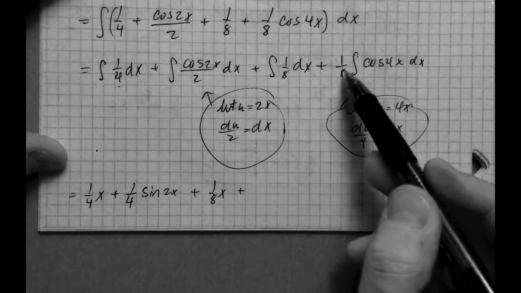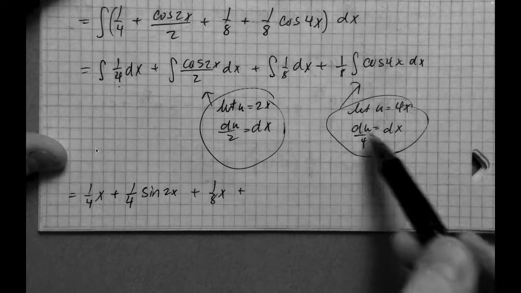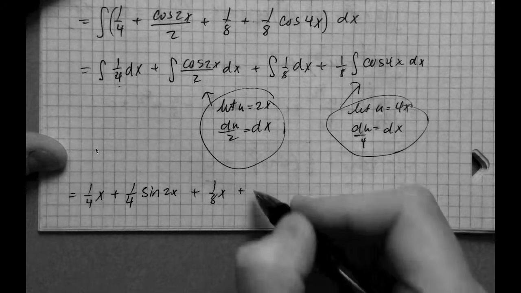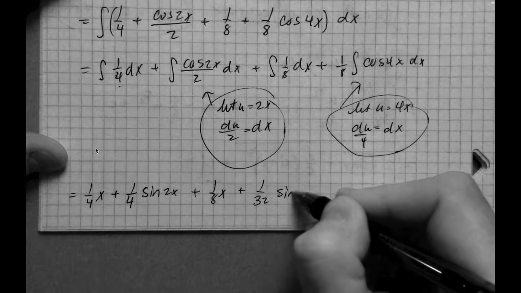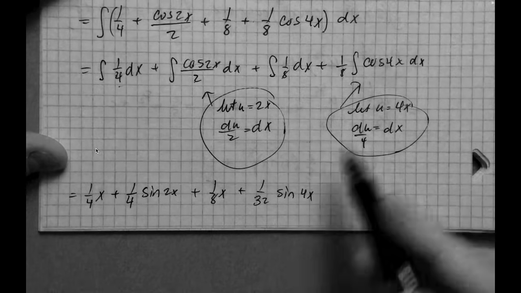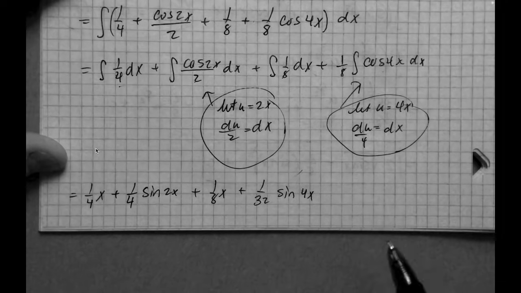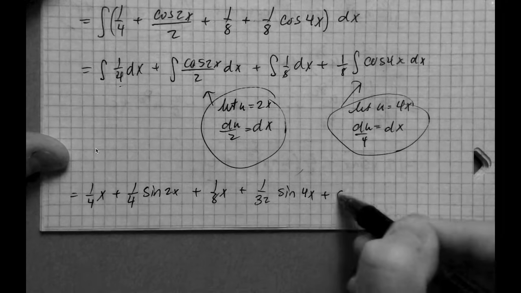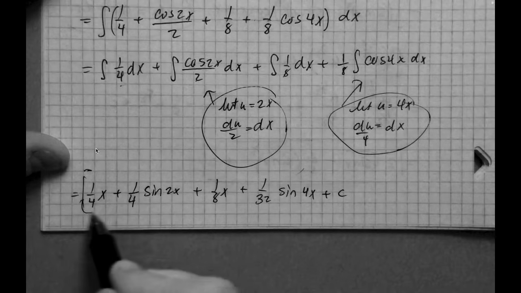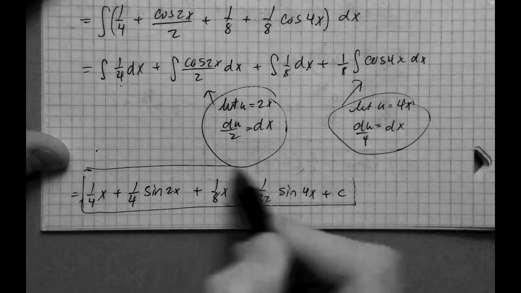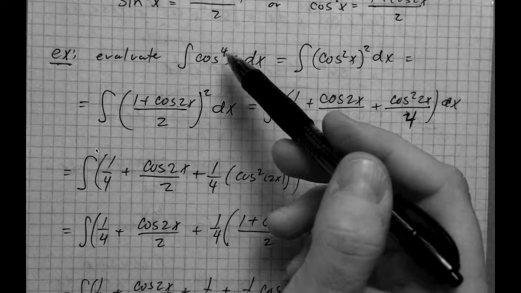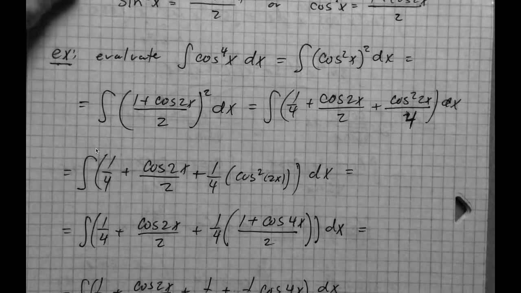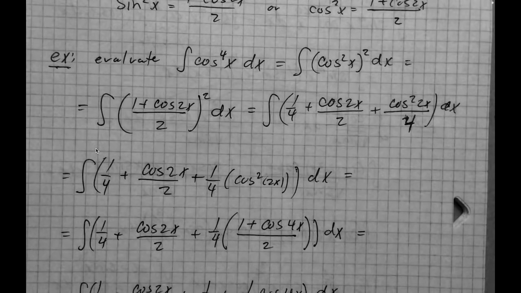And then here you've got an 8, and dx is du over 4, so 8 times 4 is 32, so this would be 1 over 32 times the sine of 4x. So the integral of cosine is sine. Okay, and then plus c. There you go. So this one was an example where you had an even power on the cosine, and you just had to basically make repeated use of this identity.